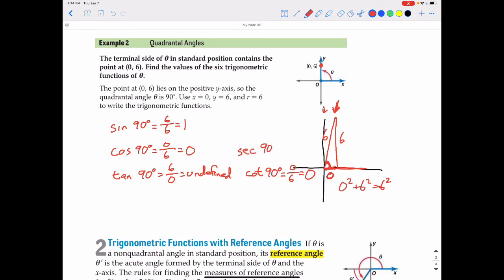So the secant of 90 degrees would be 6 over 0, and that is undefined. And then cosecant is the reciprocal function of sine, and the reciprocal of 6 over 6 would still be 6 over 6, which is still 1. So the sine of 90 and the cosecant of 90 degrees are actually both the same, and they're both 1.